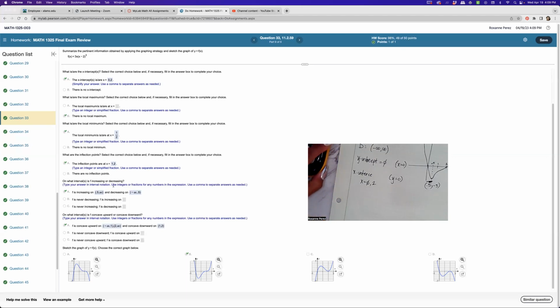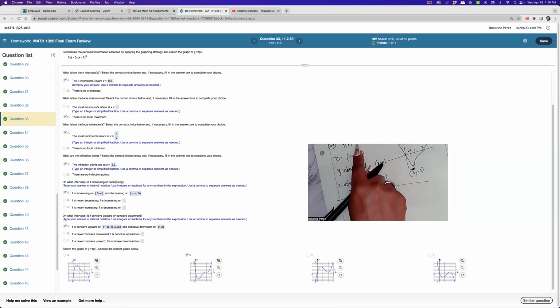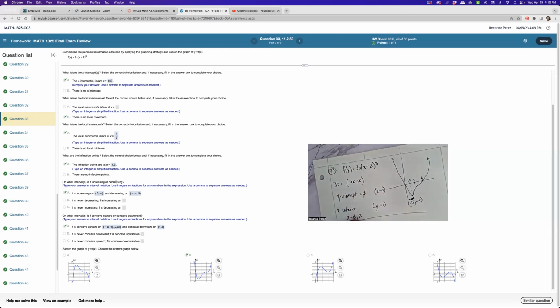So for this one, we want to find the second derivative. All right. Here's where we start doing some more business calculus work. So f prime of x is going to be 3x times 3x minus 2 squared plus 3x minus 2 cubed.